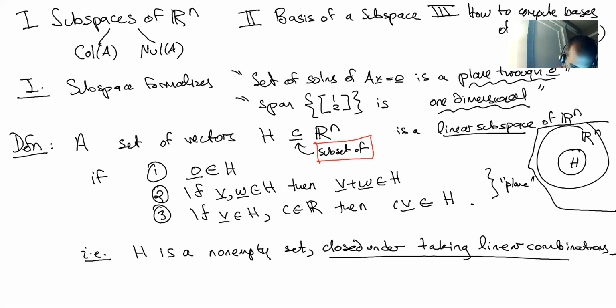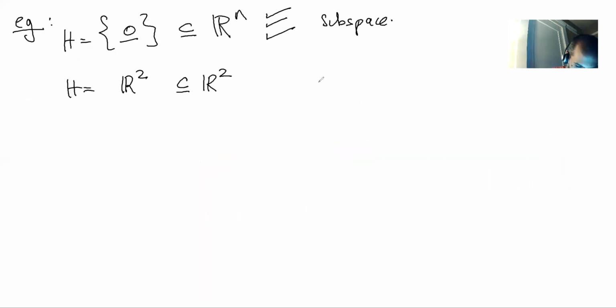This 0 is the 0 vector of Rn, so the 0 vector of R2 is contained in R2, yes. If you have 2 vectors in R2 and you add them, do you get another vector in R2? Yes. And if you scalar multiply a vector in R2, do you get a vector in R2? Yes. So this is also a subspace. Rn is a subspace of itself. That's perfectly valid. It's a subset of itself that's closed under taking linear combinations.